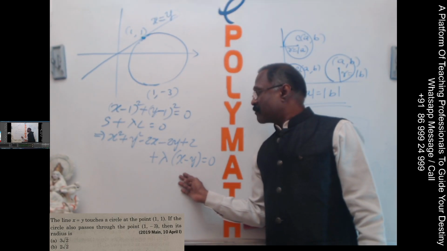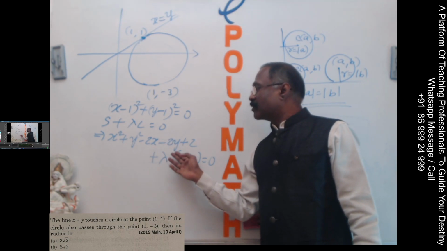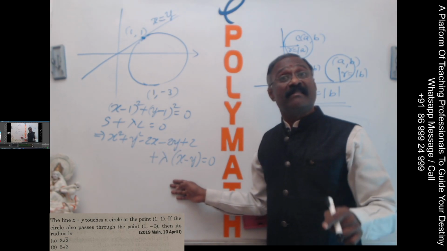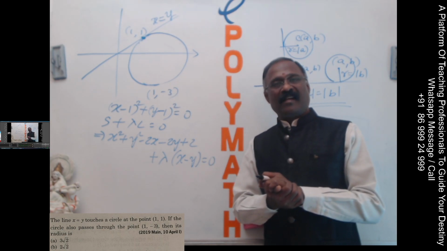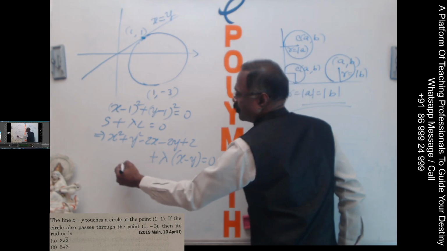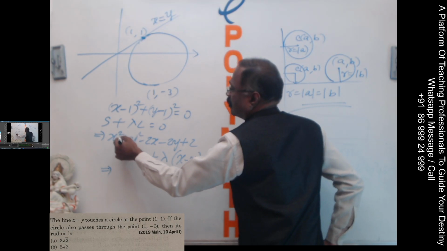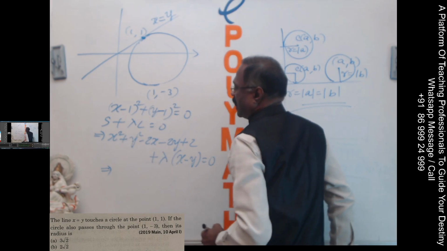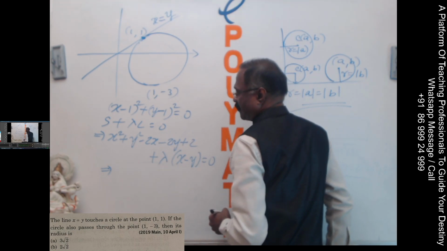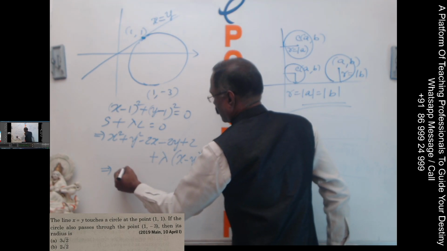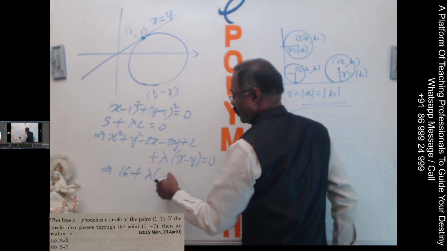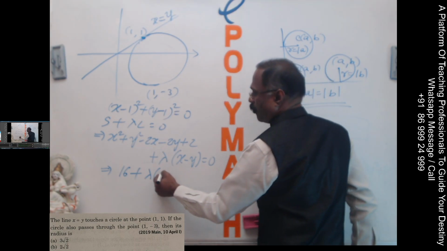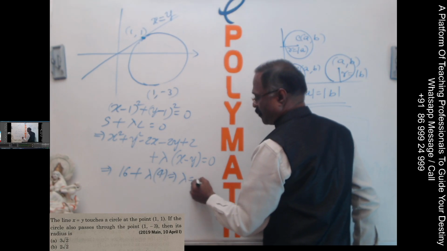But this forms a system of circles for different values of lambda, and I need that circle which passes through (1, -3). Substitute here: 1 plus 9, 10, 10 minus 2, 8, 8 plus 6, 14, 14 plus 2, 16, plus lambda into (x minus y), which is 4, implies lambda is equal to minus 4.